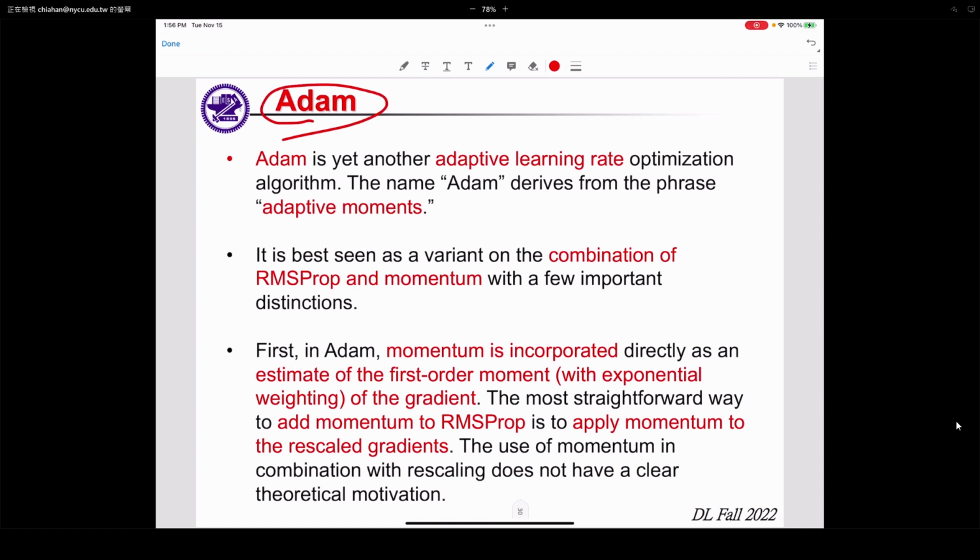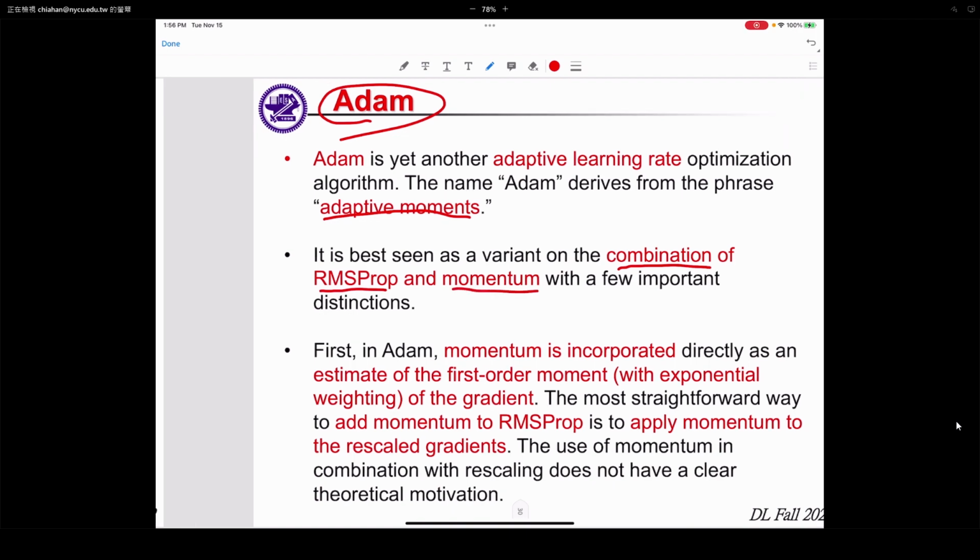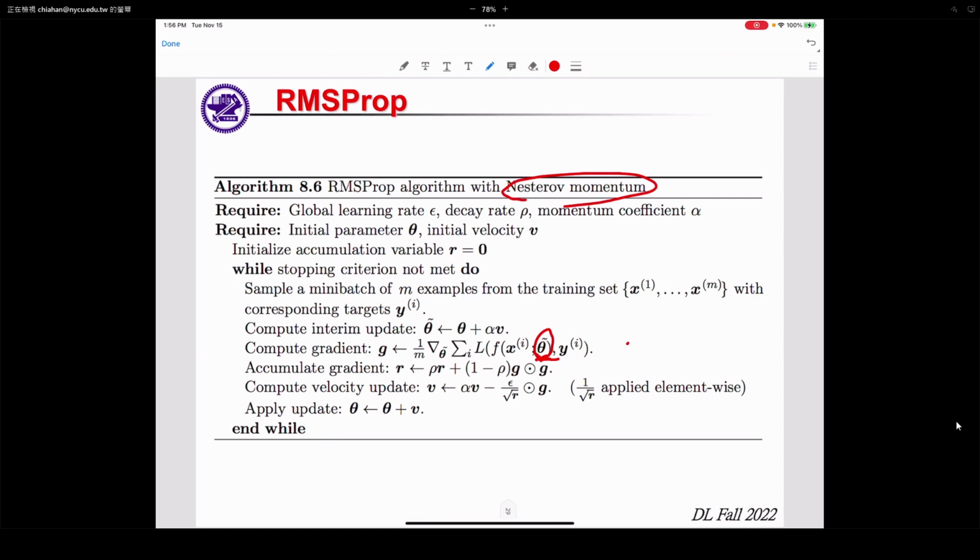Adam is derived from the phrase adaptive moments. So the most popular algorithm is Adam. You can see it as a combination of RMSProp and momentum. That's why we have to introduce all this RMSProp and integrate it.